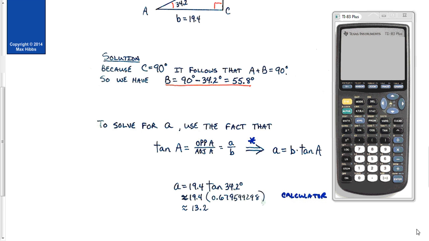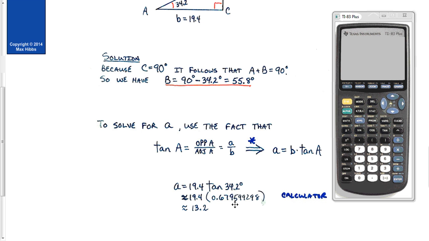Okay, you can see I've got my calculator out now. And notice what I've done already. A is equal to length of B times tangent of angle A. And of course, the length of B is 19.4 units, and angle A is 34.2 degrees. And so I just need to do the calculation.